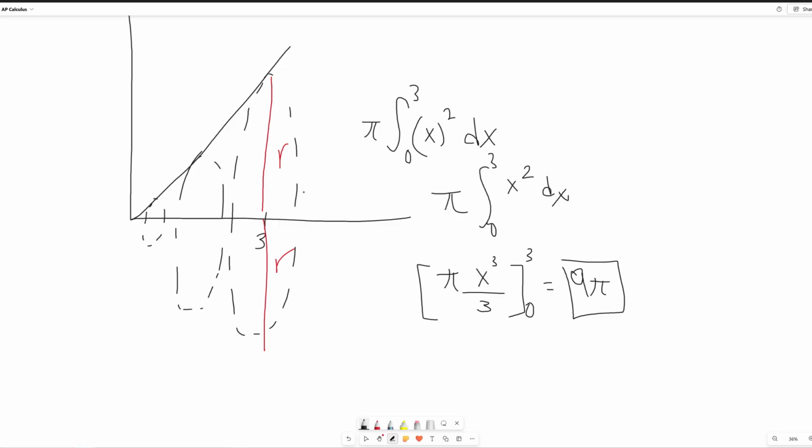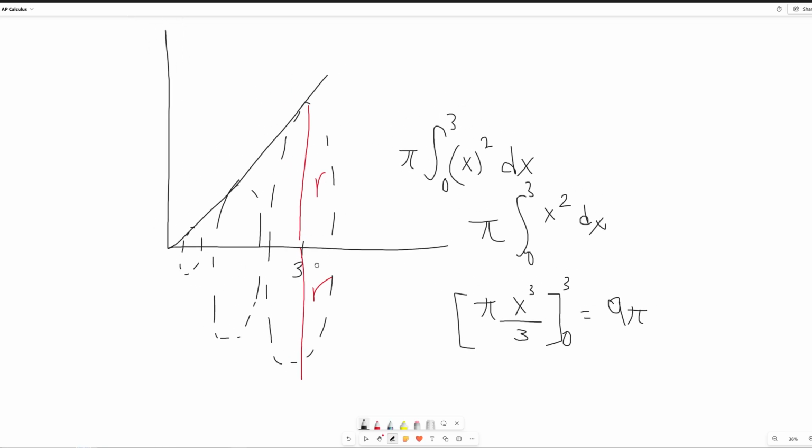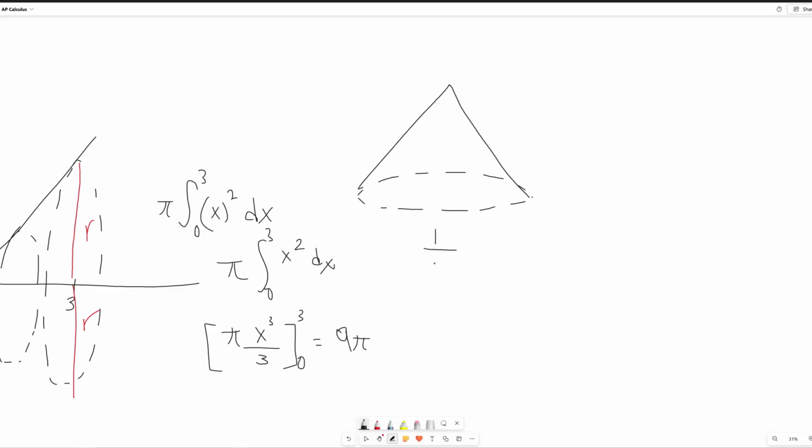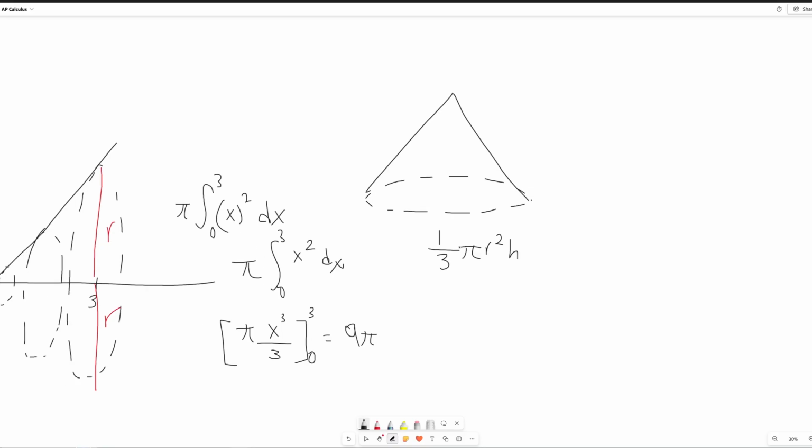Now, there's another way we could have done this. In fact, if you have a linear function like this, and then you take the volume of this, this is a cone. So the volume of a cone is 1/3 pi r squared h. So r is going to be our function here, and our h is going to be the x value.